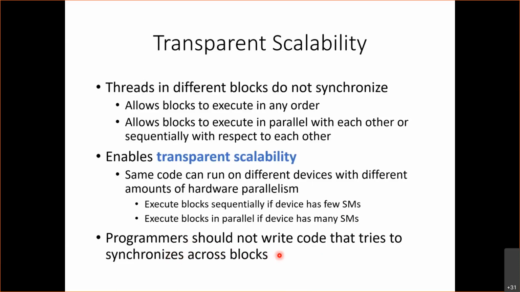What could happen, given what you know about the way that thread blocks are scheduled, given what we know about that blocks can be executed in parallel or sequentially, what could happen if a programmer tries to communicate across threads in different blocks? You don't know the order of what's executing right now.